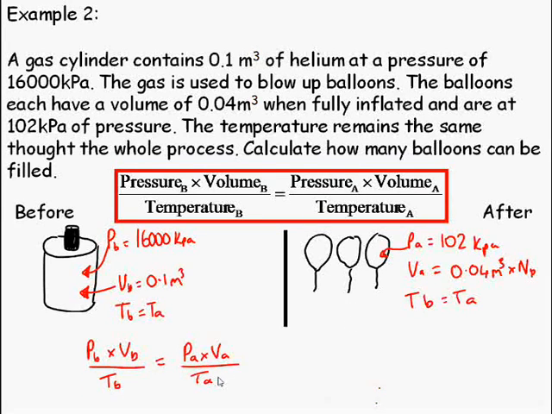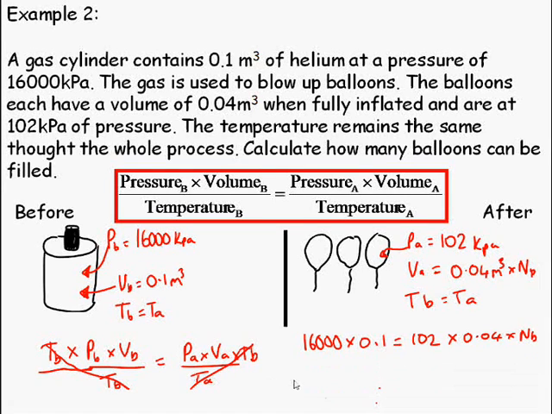Let's look at the formula. I can get rid of temperature, as I said earlier. I can cancel it out because TB is equal to TA, multiply both sides by TB, and then I can cancel them. So I'm just left with Boyle's law. Stick in the numbers I have. 16,000 kilopascals times 0.1 meters cubed is the pressure and the volume before.